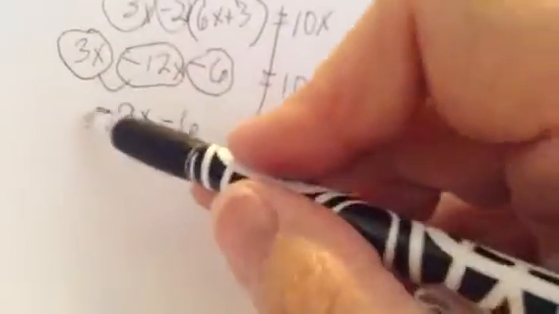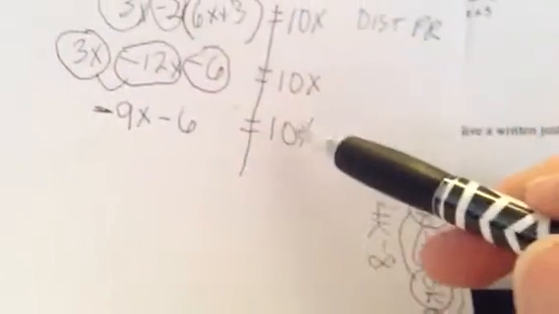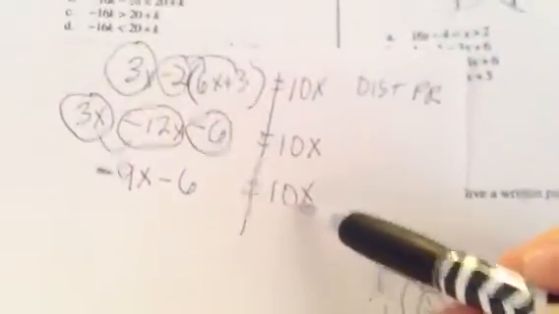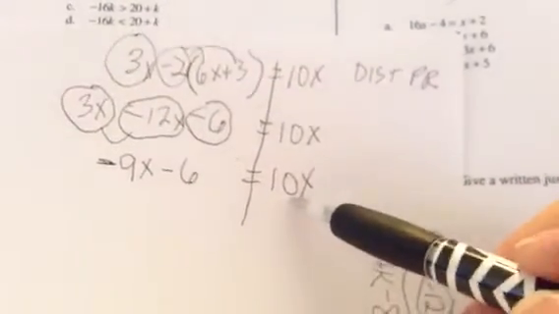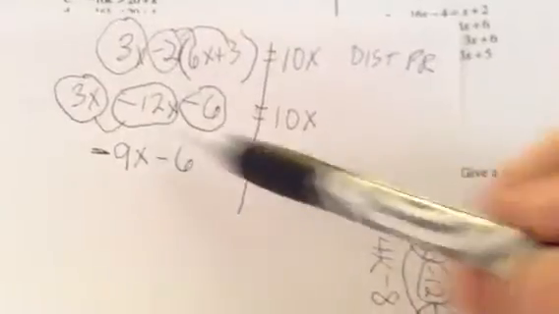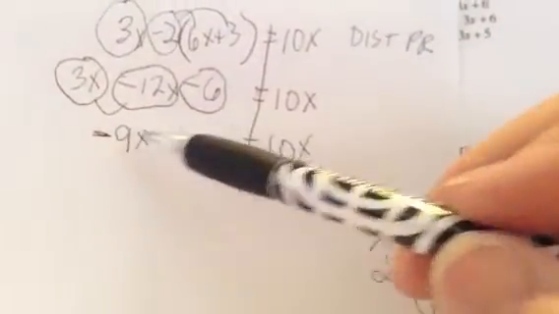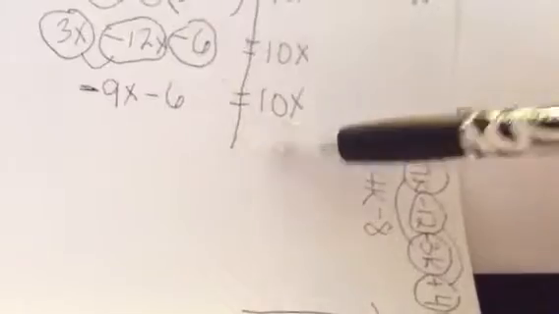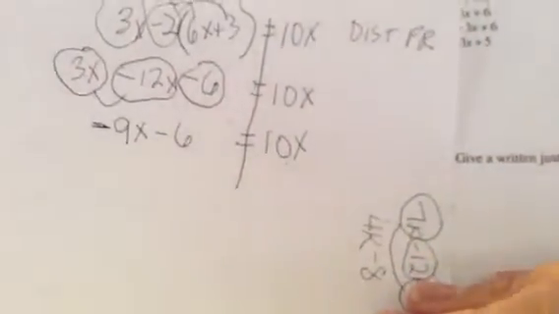This side is completely simplified because I can't combine these, and this side is simplified because there's nothing I can do over here. Don't forget, I cannot combine these x's and these x's because they're on opposite sides of the equation. If I combined them, where would I put them? How would I keep my equation in balance? So, negative 9x minus 6 equals 10x.